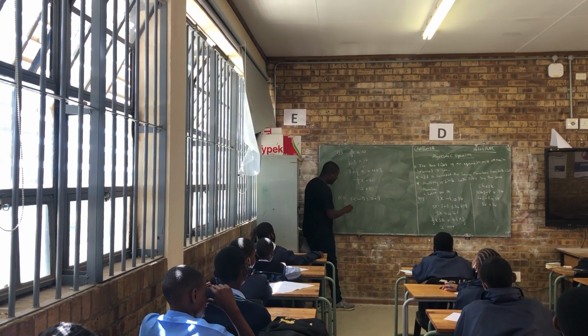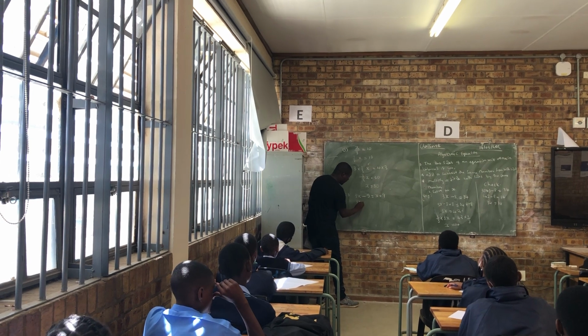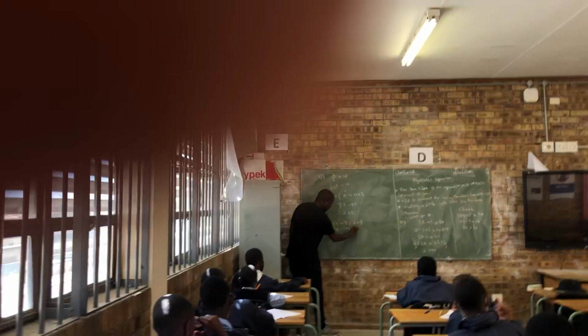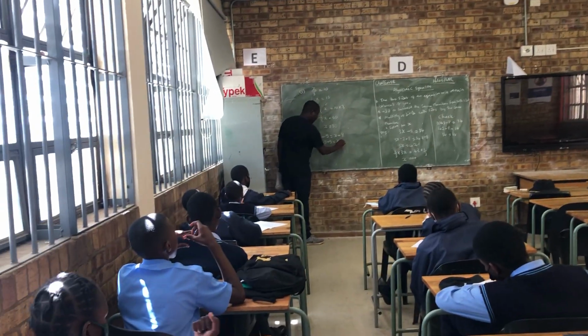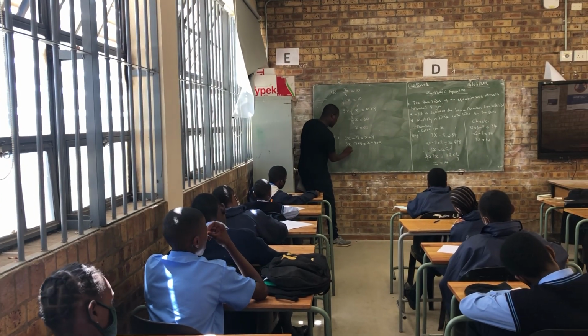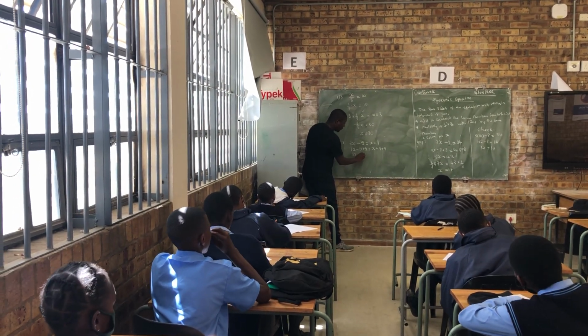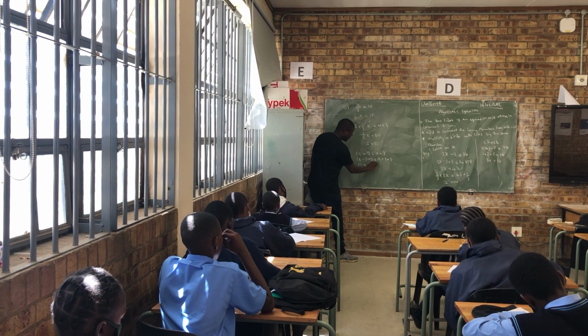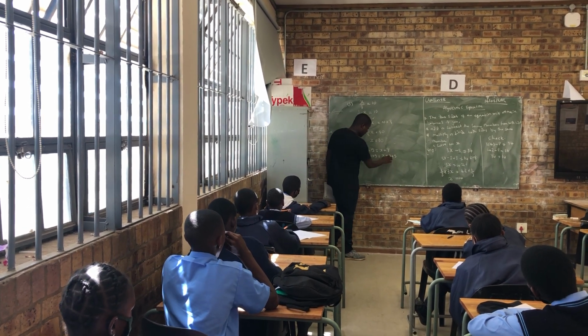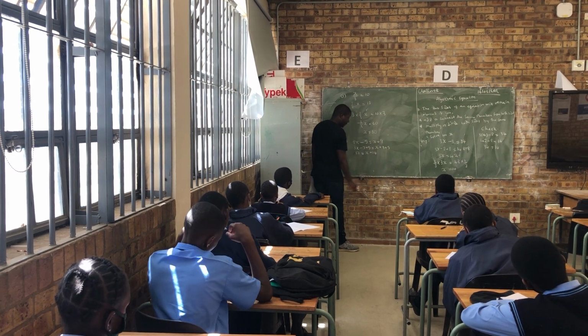It's positive 5. Go to 3x, subtract 5, add 5. Also do the same on this side. We add 5: 9 plus 5, 14. Yes.